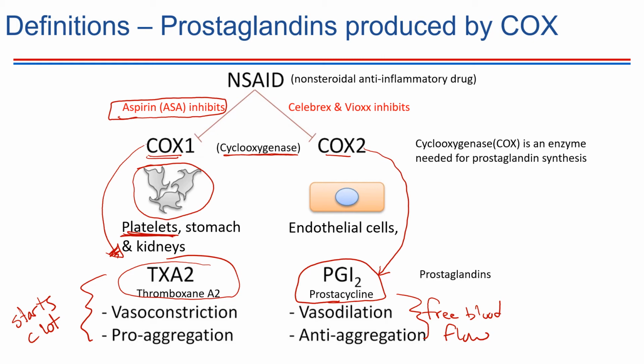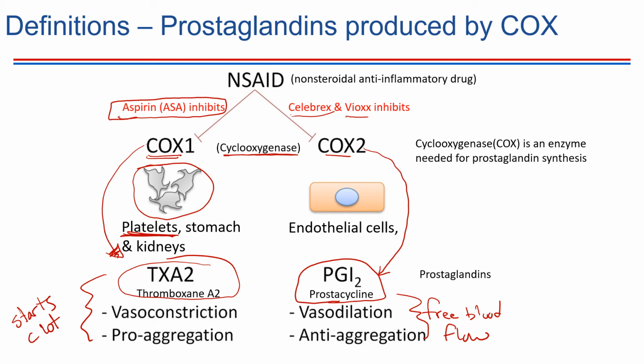We have COX-2 inhibitors as well, and COX-2 inhibitors were initially made for involving the mucosa of the gut lining and reducing some problems there. But unfortunately, what they found out, and I remember when I was working in home health, this big announcement came out one day because a lot of people were using Celebrex and Vioxx for a multitude of reasons, and they realized that inhibiting COX-2 actually inhibited the vasodilation and the anti-aggregation effect, so people were ending up getting more clots, and they were having a higher risk of heart attacks and strokes.